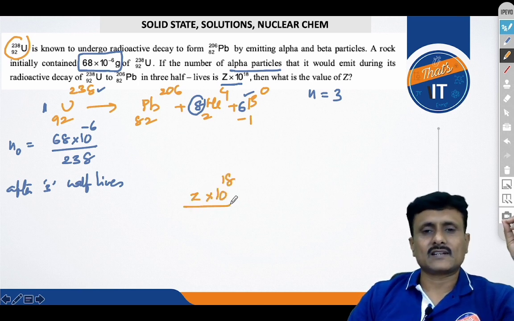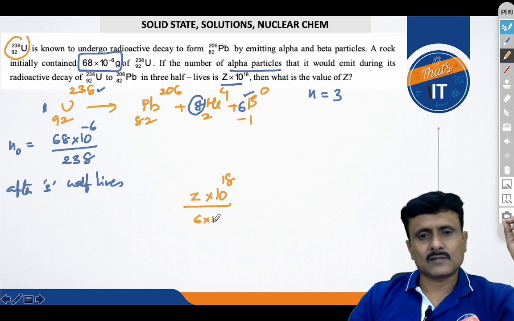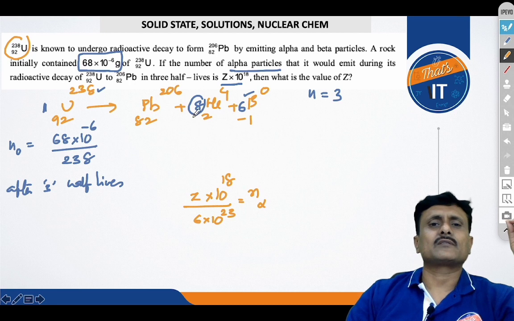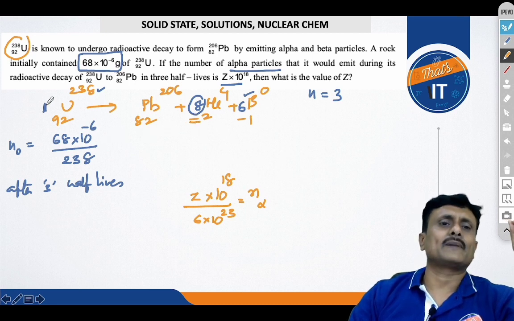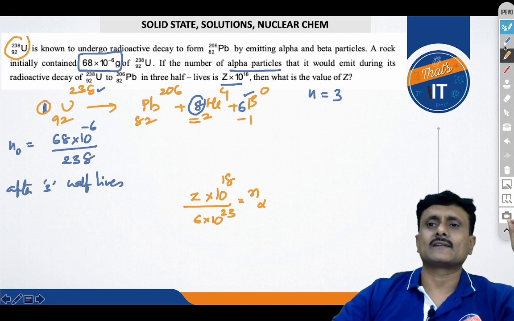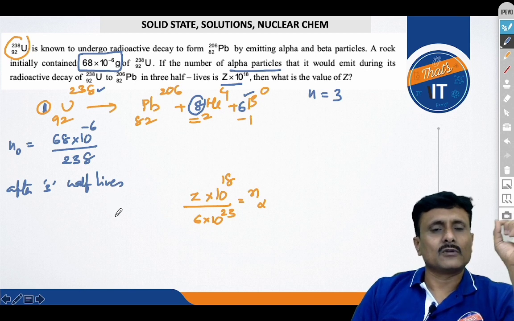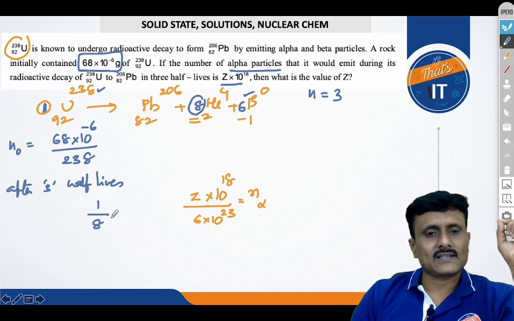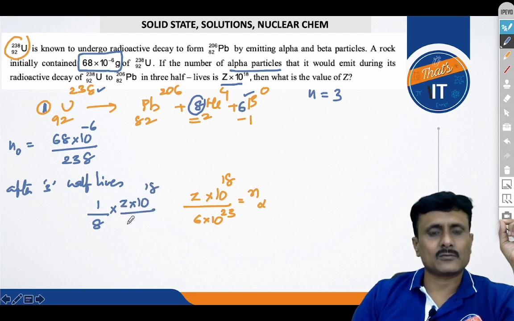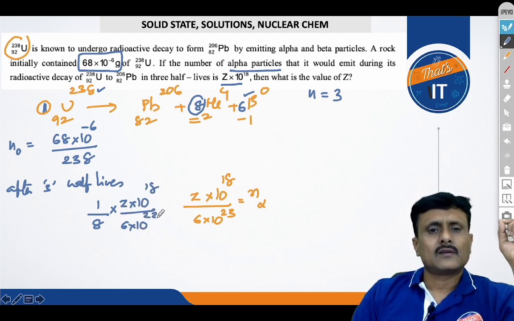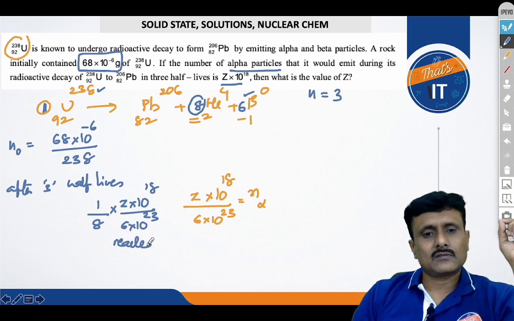Alright, so you have to convert that into moles by dividing it by 6 into 10 power 23, the Avogadro number. So you got the number of moles of alpha particle. You can see for 8 moles of alpha particle, 1 mole of the uranium had reacted. Therefore, the number of moles of uranium reacted is 1 by 8 times of this whole value according to the stoichiometry or mole ratio. These are reacted moles of uranium.